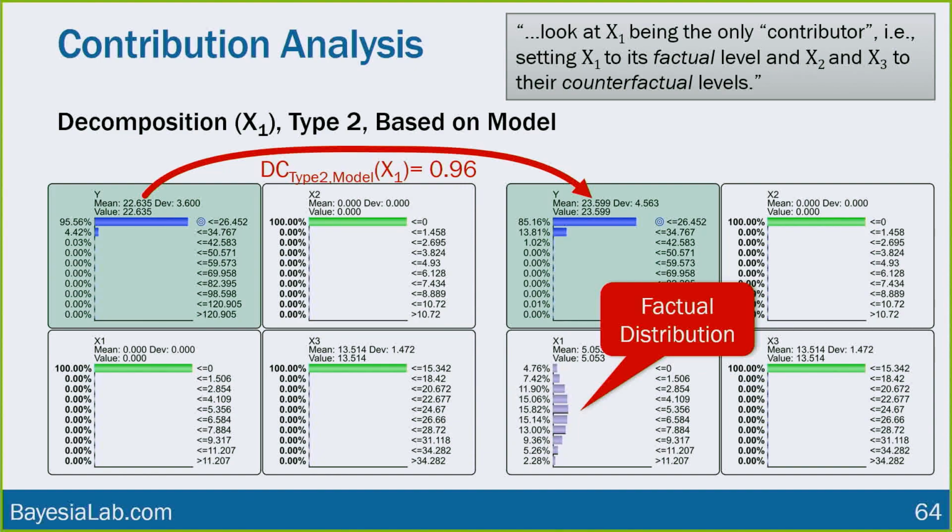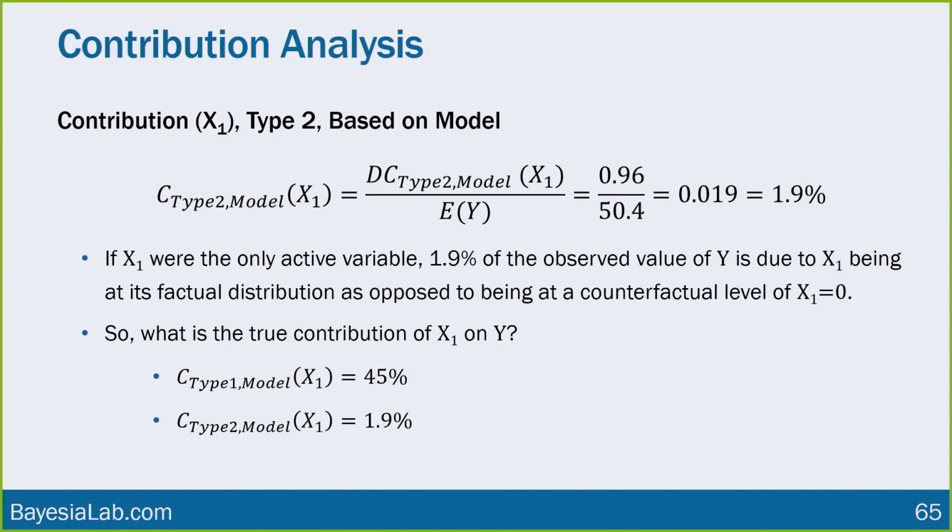At the left, everything is minimum, and on the right, we have x1 taking on its factual distribution, while the remaining variables remain at the minimum level. And so with that, we again have a decomposition. With that, we can calculate the contribution, what we call type 2.